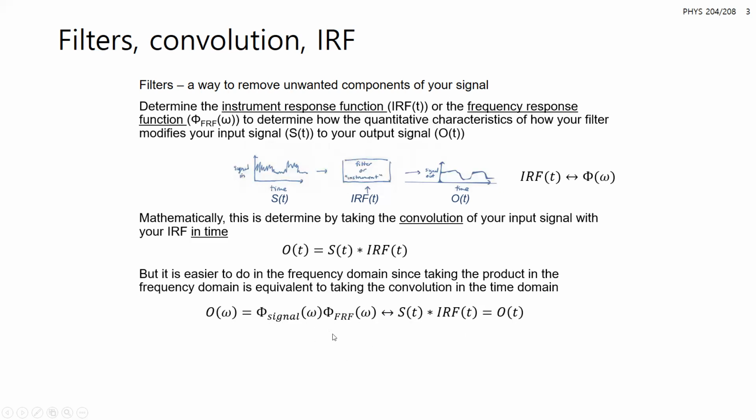Hence why many times we're looking and establishing the frequency response function instead of the instrument response function, and then using Fourier transforms to shift in between those two. But if you want to manipulate your output here, working in frequency can be more useful. And we'll see that today when we talk about deconvolution or removing your response function. It's easier to work in the frequency domain there.